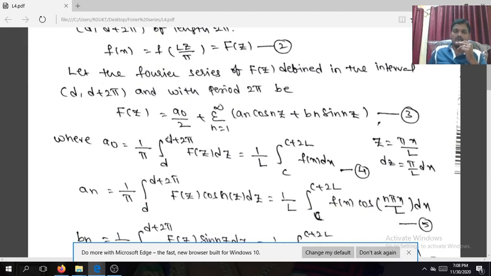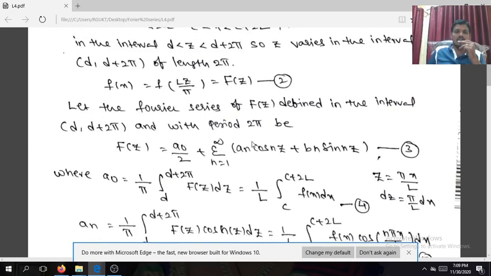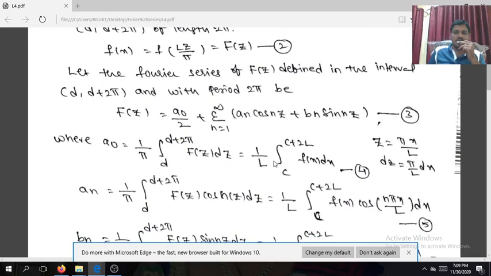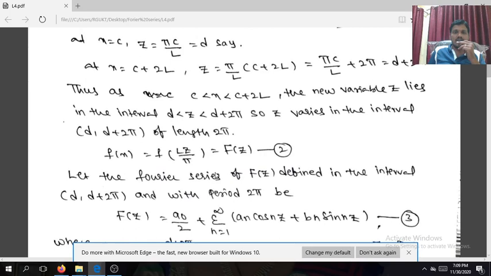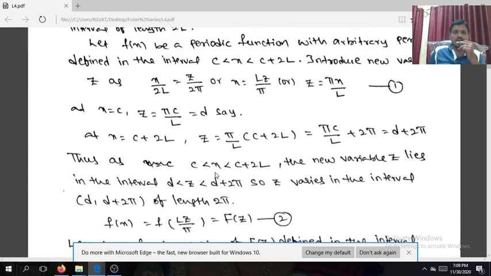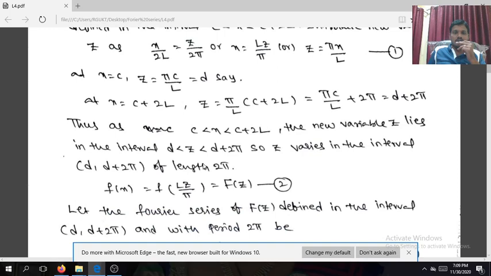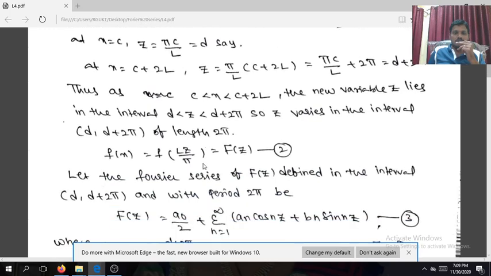Where, by using this, I am writing the constants, right? According to this, a naught equals 1 by pi integral d to d plus 2 pi f of z dz. But I am trying to substitute d and d plus 2 pi. Here d is pi c by l, say this is d.